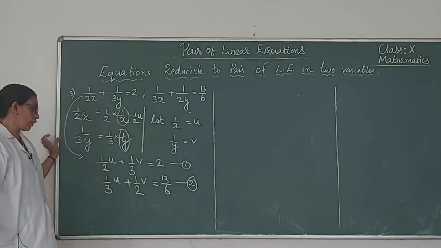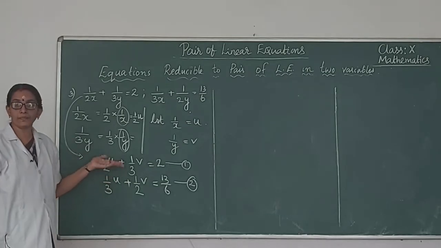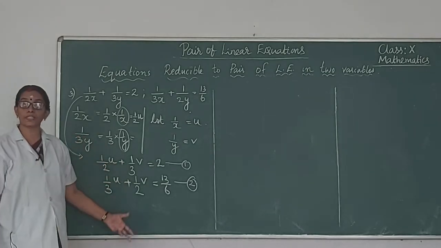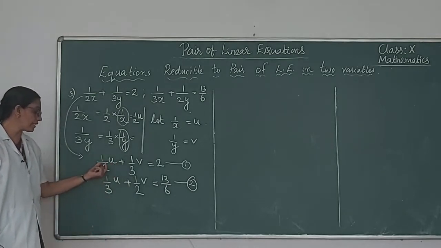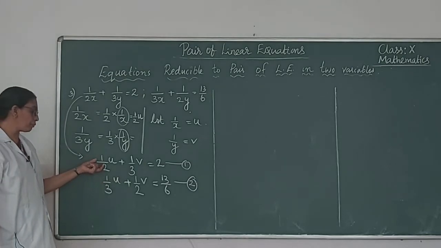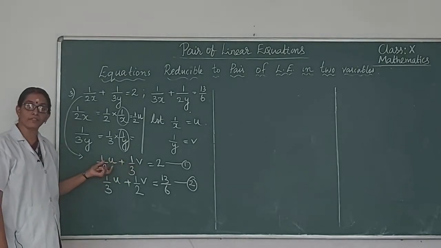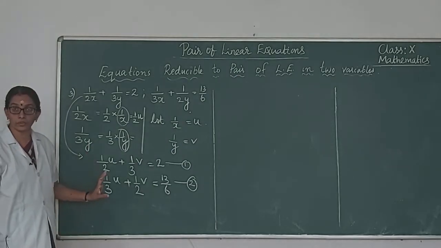See children, you have seen this type of problems while discussing substitution method and elimination method. Here the coefficients are rational numbers, isn't it? So if you are keeping this as rational numbers itself, the calculation will be difficult for you. So what we have to do?